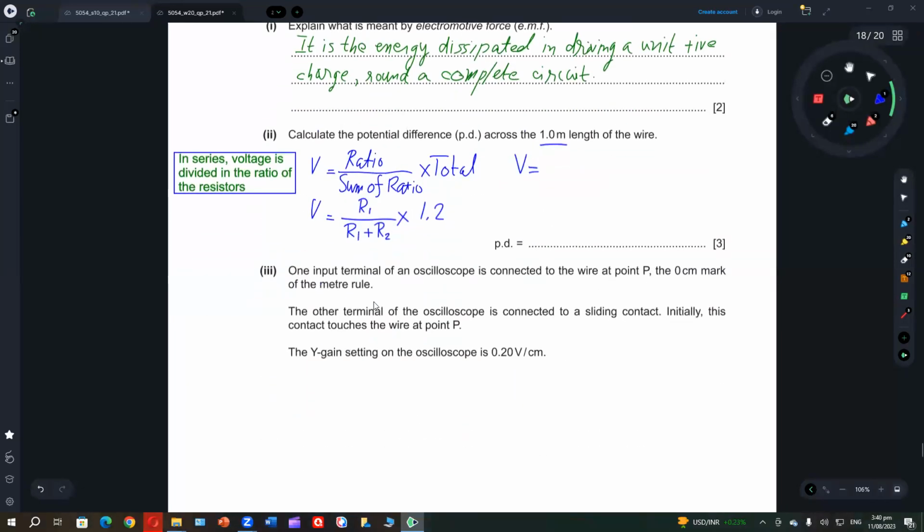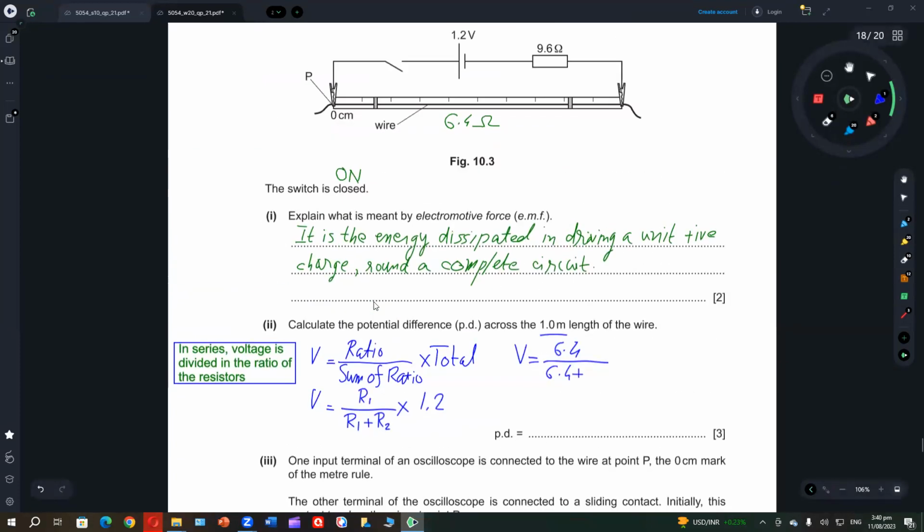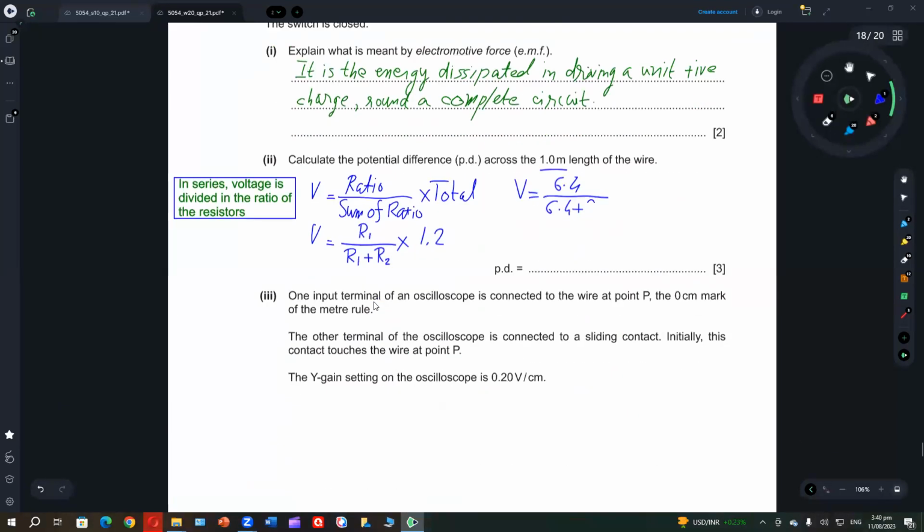Very good. This is a very tricky step. That 6.4 should be the numerator. 6.4 plus 9.6, into 1.2. Now solve this.